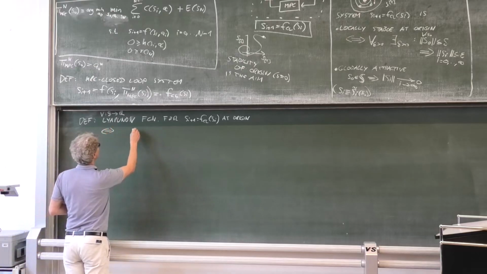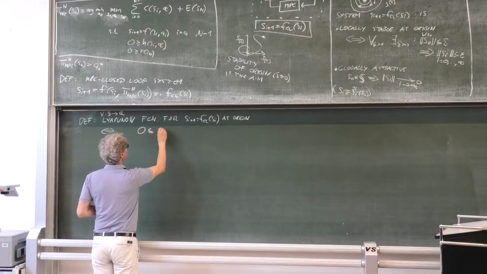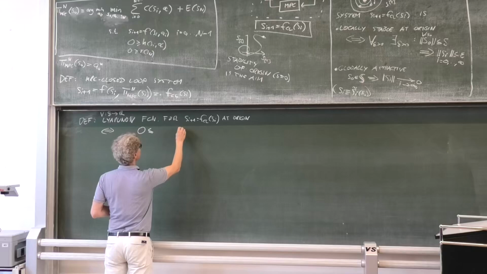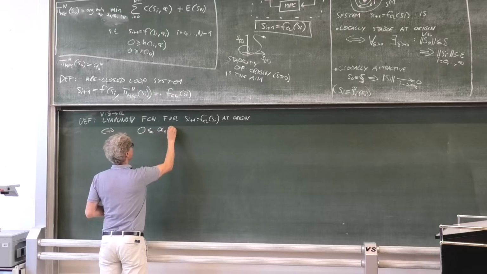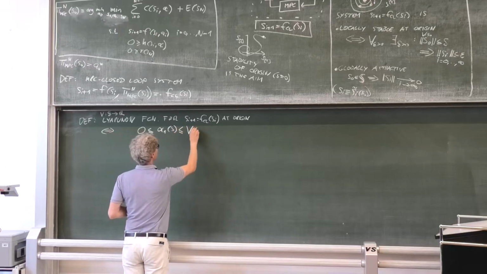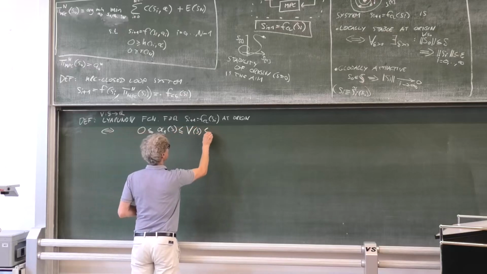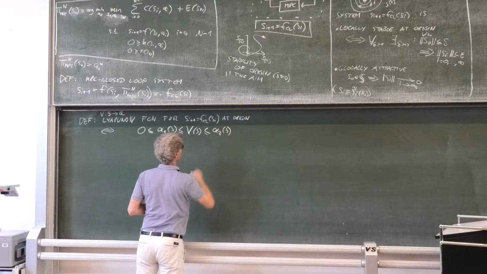First of all, V should be a positive function, and actually more than this: it's a positive function which has a lower bound, call it alpha 1 of S, and it has an upper bound as well that we call alpha 2 of S.